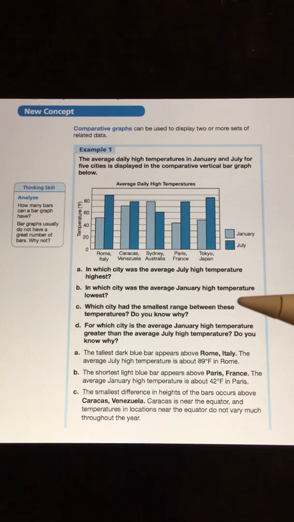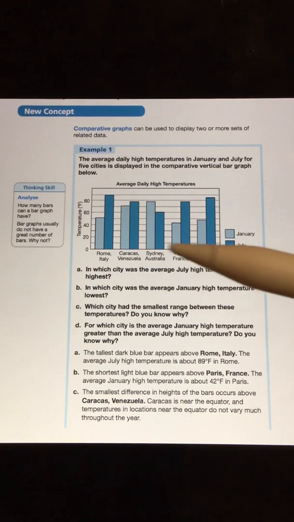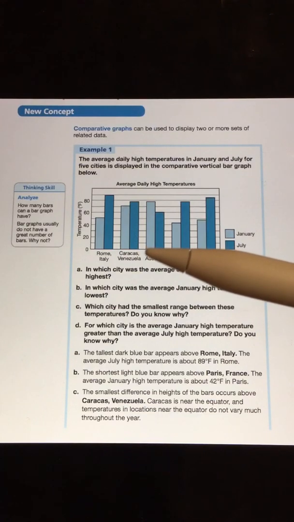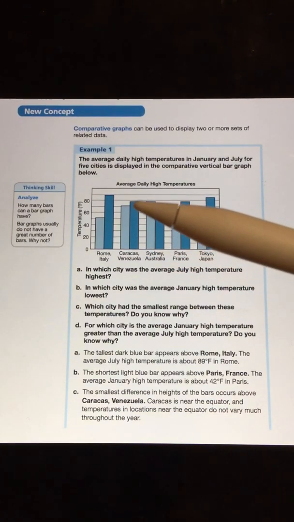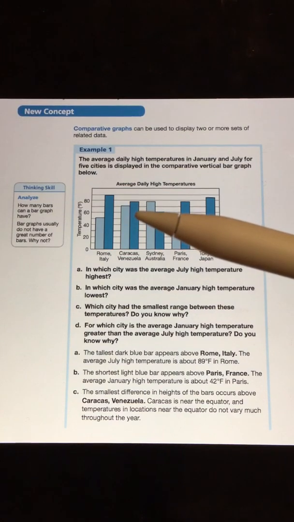Caracas, Venezuela, had the smallest range because it's nearest the equator. We go from about 70 degrees to about 78 degrees. Near the equator is warmer, and the temperature doesn't vary too much throughout the year.